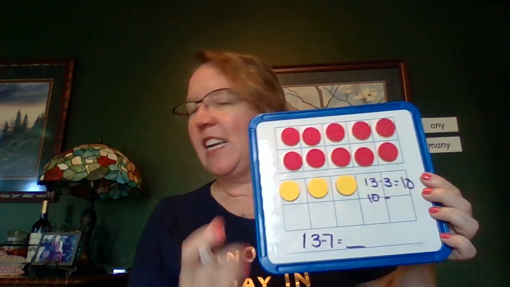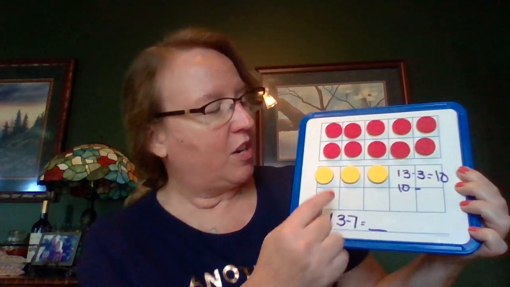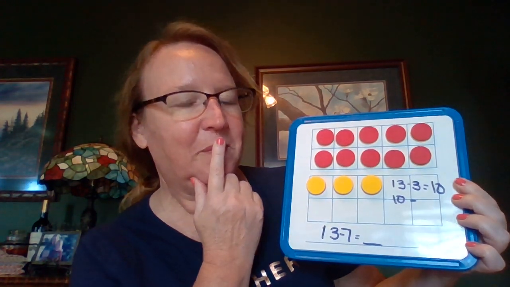So from that 10, now how many am I going to subtract? I already subtracted 3 and I have to subtract 7. 3 and what makes 7? 4. All right. So I'm going to take away 4 because now my 3 and my 4 are making the 7.